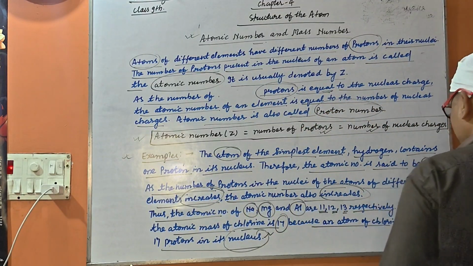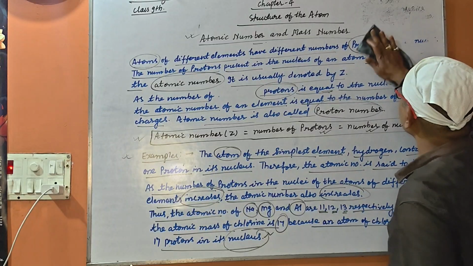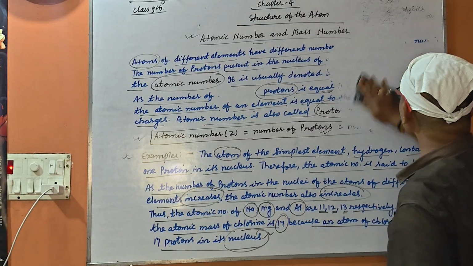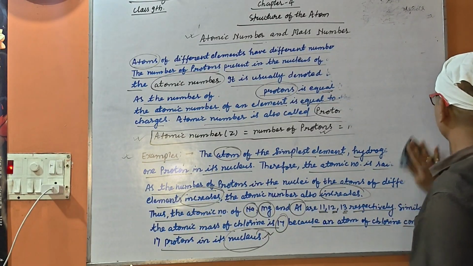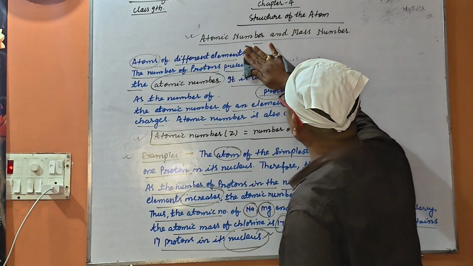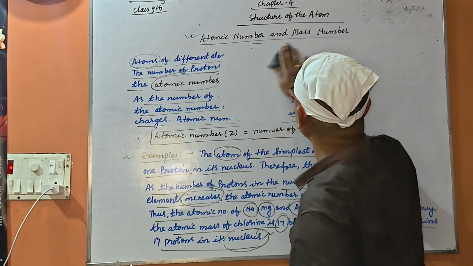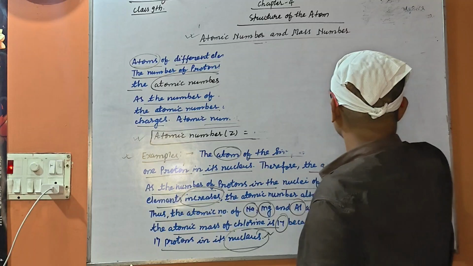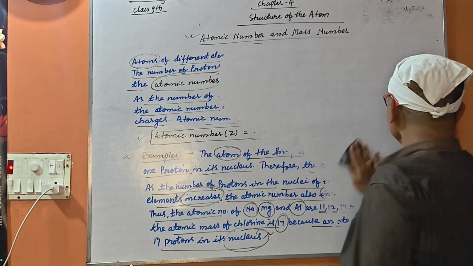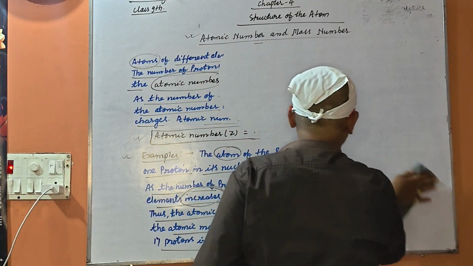Let us discuss the mass number. What is mass number? The mass describes the weight of an element or of a substance. Let us understand it in a simple and easy way.